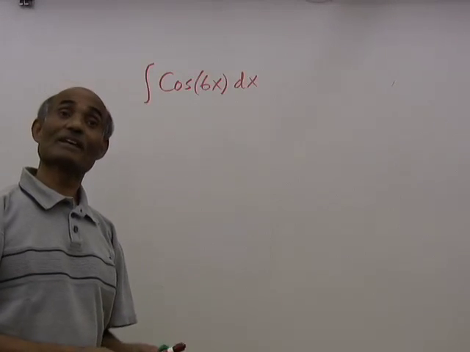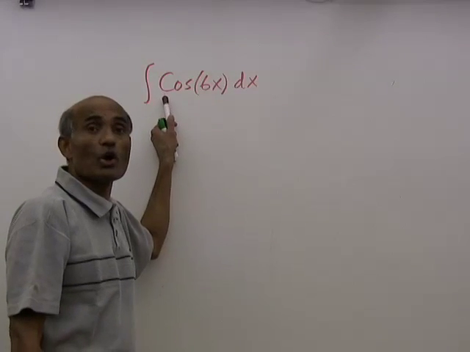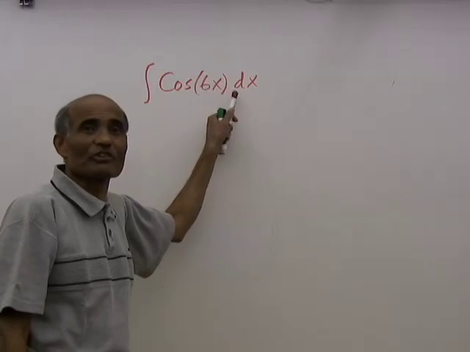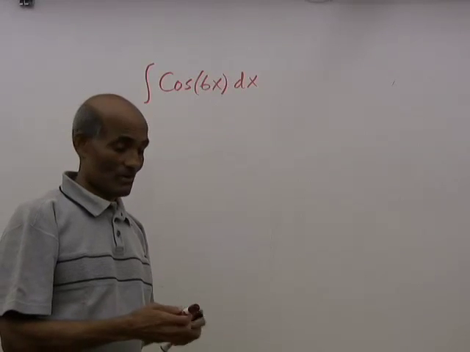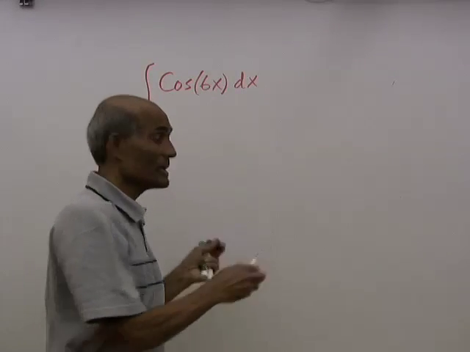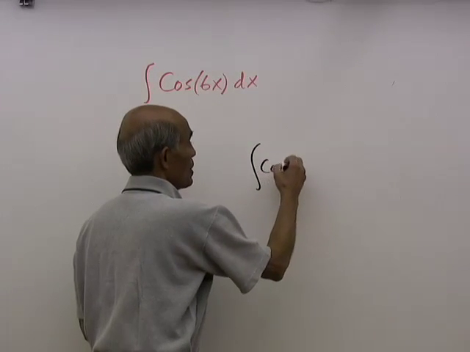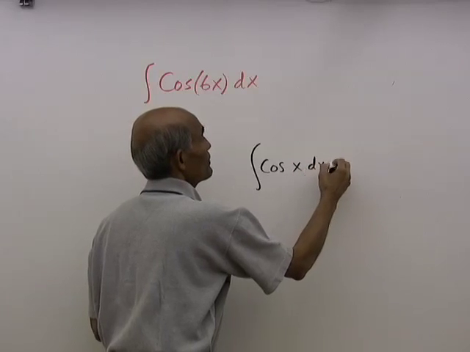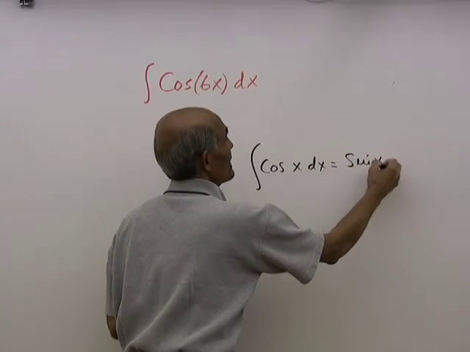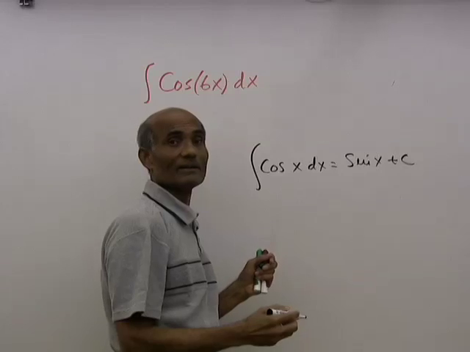All right, let's look at another one. Integral cos of 6x dx. Well, you know how to integrate cos x. You know that integral cos x dx is sine x plus c.